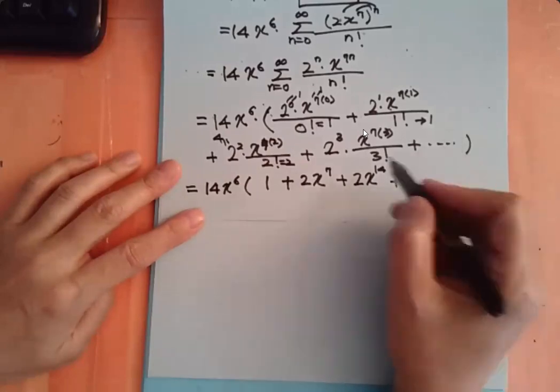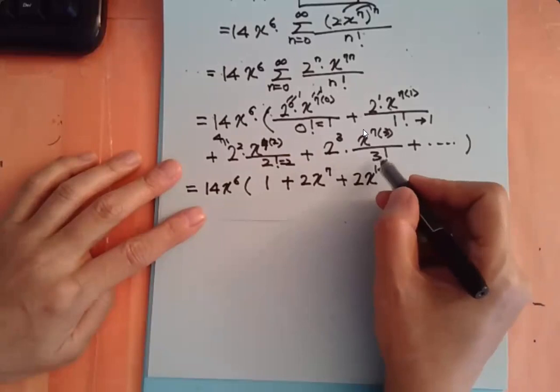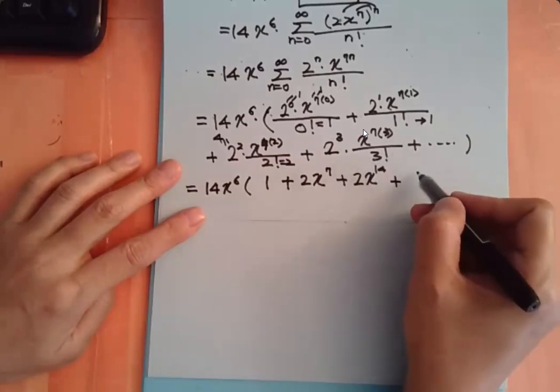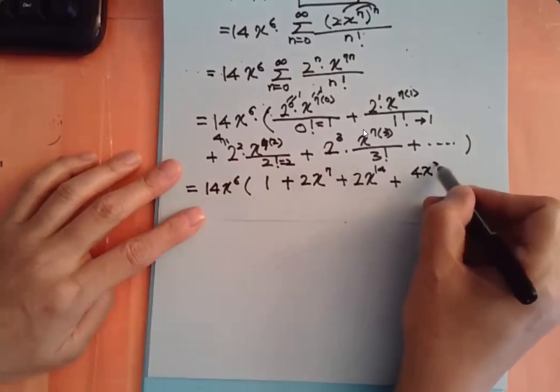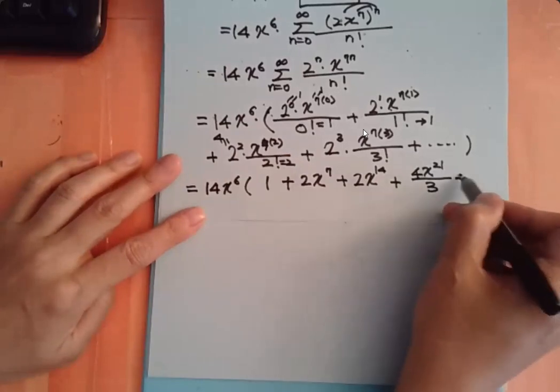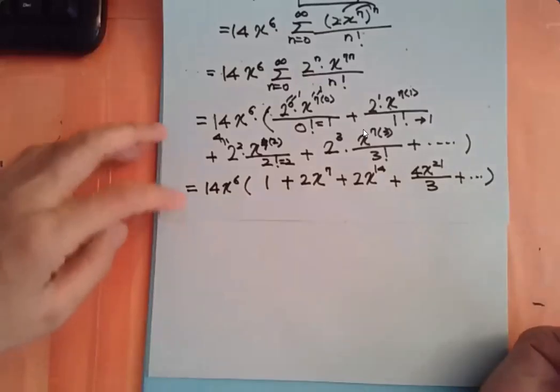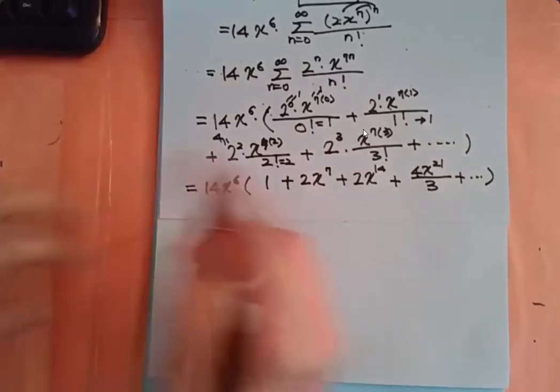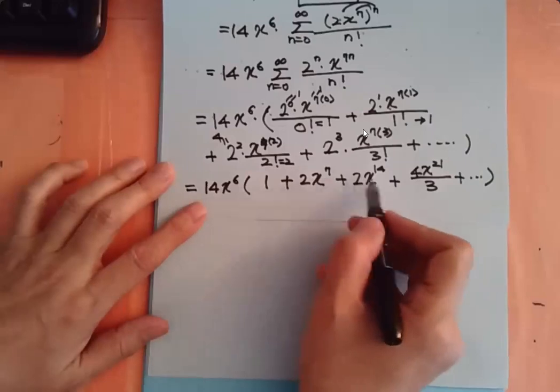plus the next term is to square this, 4x to the 21 power over 3 and so on. Now what we are caring about is the first 3 terms, and so 1, 2, 3.